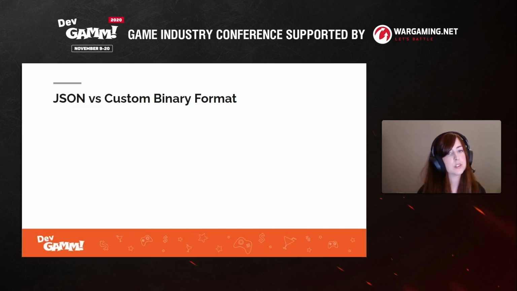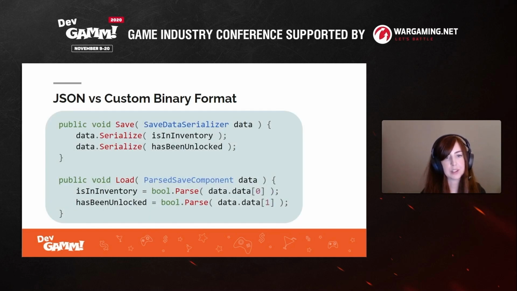I also want to talk a little bit about why we chose to use JSON as the format to save the data in. In the old save system, the code for saving and loading might look something like this. You need to carefully serialize and deserialize the data in the correct order, which meant that if you refactored your code, it would probably break your previous save files.